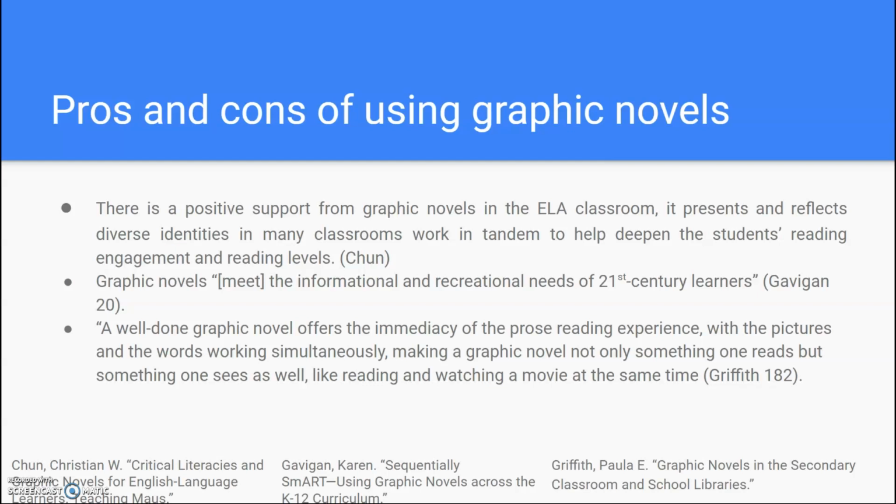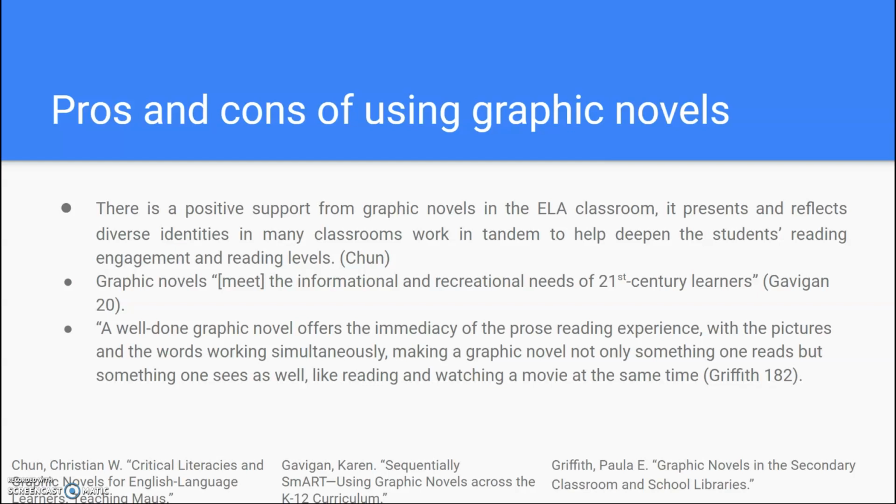A well-done graphic novel offers the immediacy of the prose reading experience, with the pictures and the words working simultaneously, making a graphic novel not only something one reads, but something one sees as well, like reading and watching a movie at the same time. This is important to understand. I think some people think, oh, you're just looking at pictures, and it's kind of like a movie in your head, which it is, but at the same time, you have to pay attention to the wording.